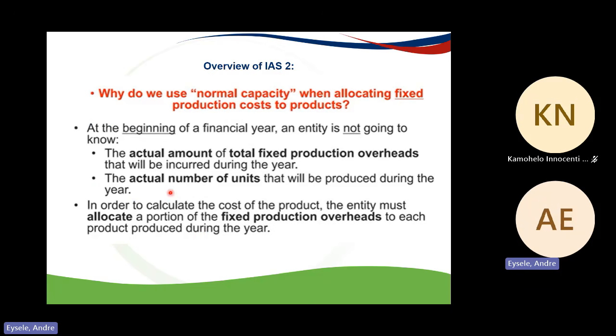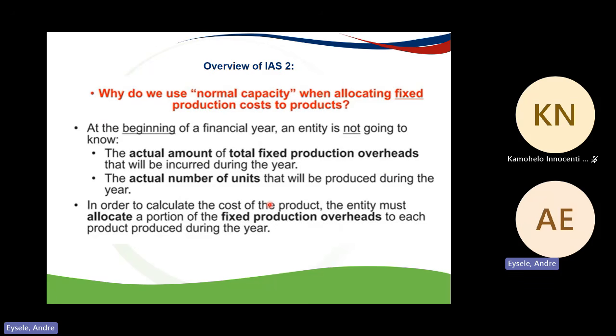So how do we use normal capacity when allocating fixed production cost to products? At the beginning of a financial year, an entity is not going to know the actual amount of total fixed production overheads that will be incurred during the year, or the actual number of units that will be produced during the year.